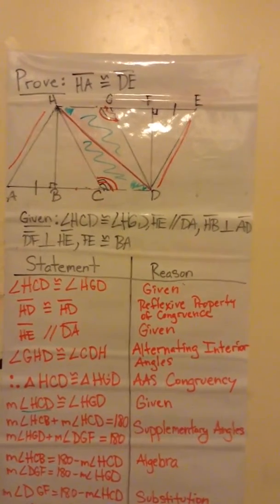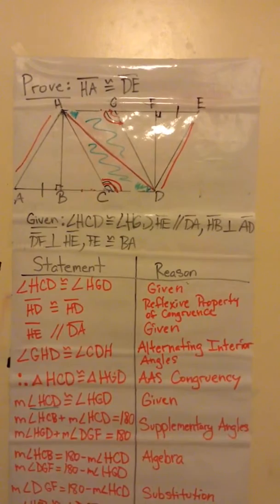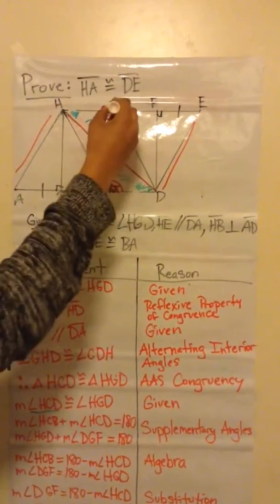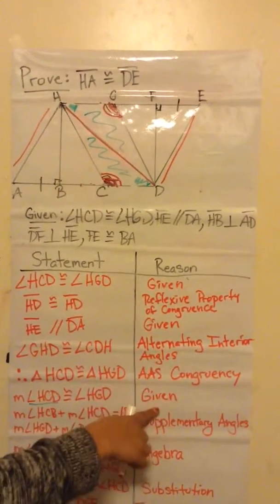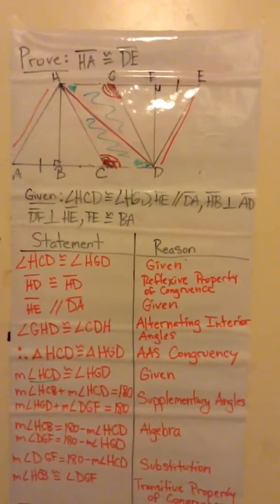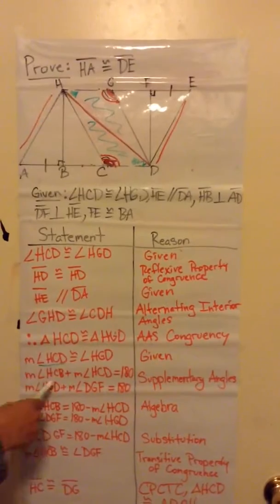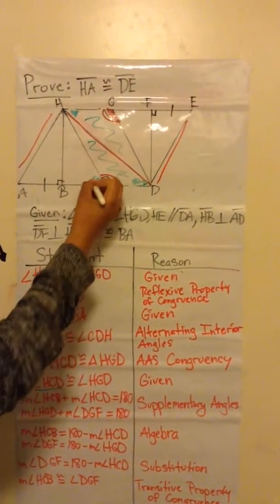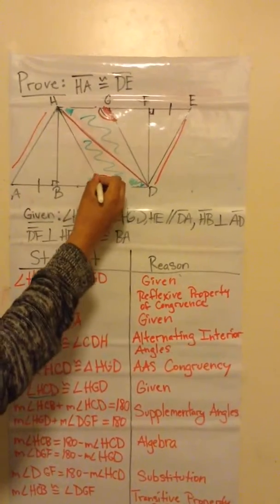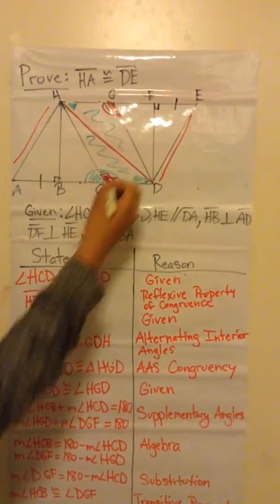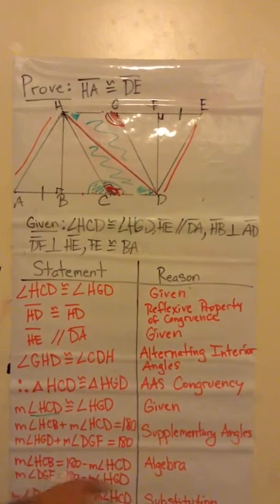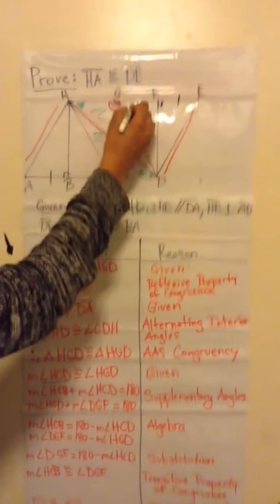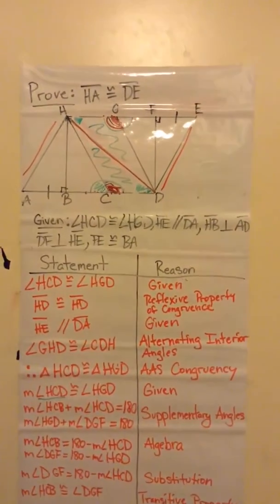So angle HCD, this one, is congruent to HGD because it was given information. Then we know that angle HCB right here, plus HCD right here together, they make 180 degrees because of the definition of supplementary angles, and we can also say the same for these two angles.